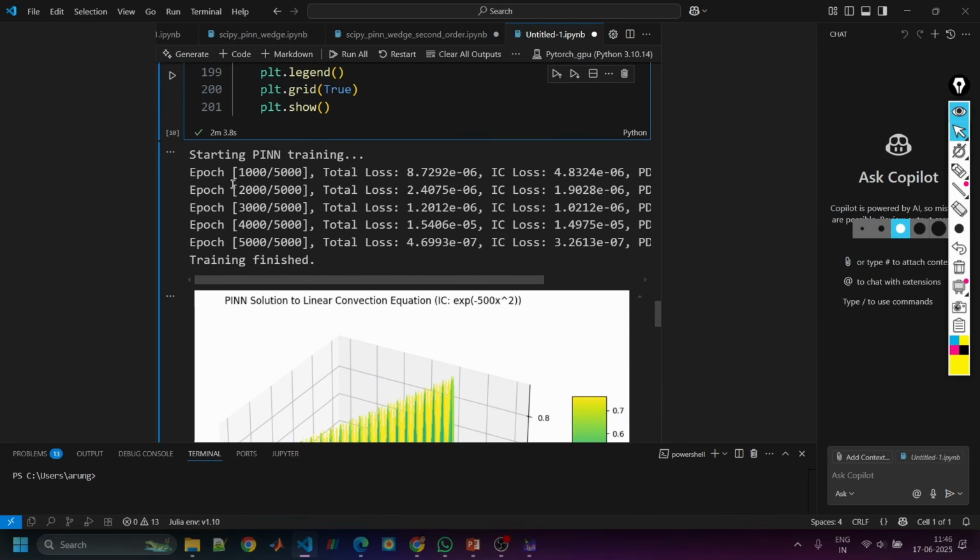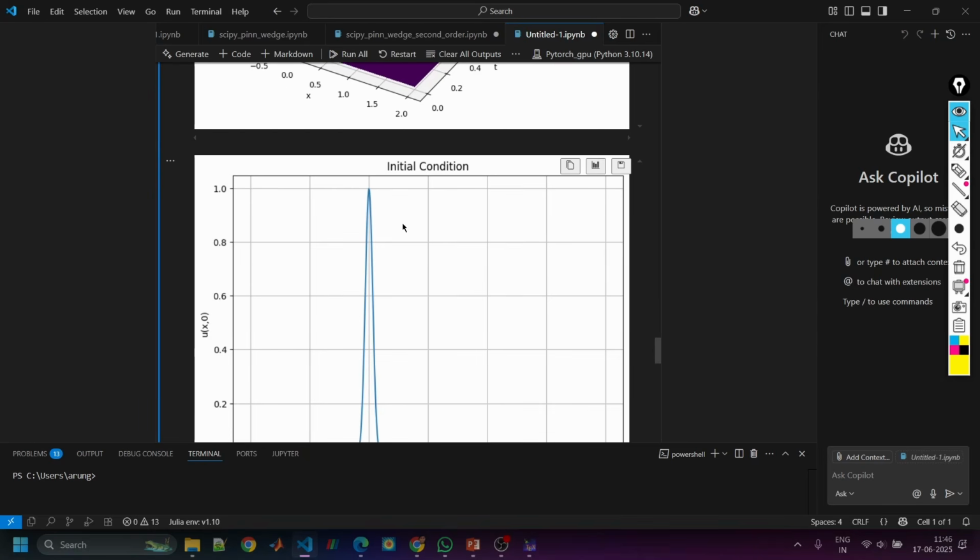So here it took around 2 minutes. Of course, traditional methods may not take this much time, but to get this accuracy, traditional methods need even more collocation points than we used for PINN. That's the beauty of PINN. In the next video, we shall make a better comparison between physics-informed neural networks and traditional methods for a given error.